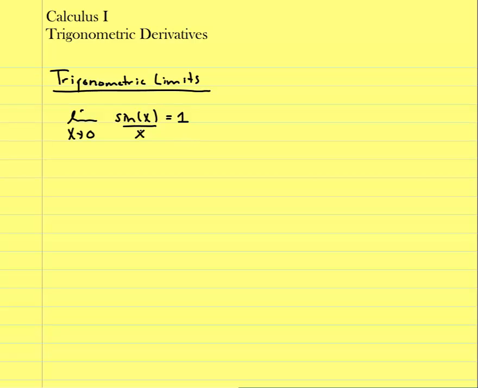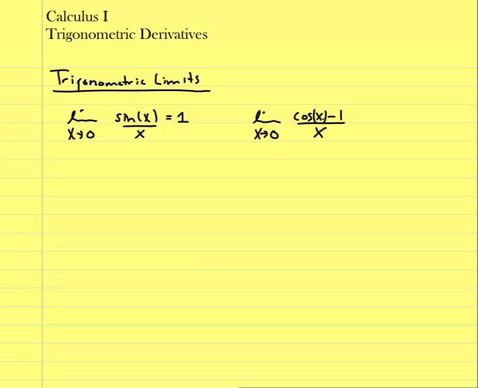A couple things to watch out for when we're working on handwritten homework and exams. Make sure you always put parentheses around the arguments of your trig function. We'll see why that's important with this particular limit. Here's the limit as x approaches 0 of cosine of x minus 1 all over x. For this one, it's a little bit confusing: am I taking the cosine of x, or am I taking the cosine of x minus 1?